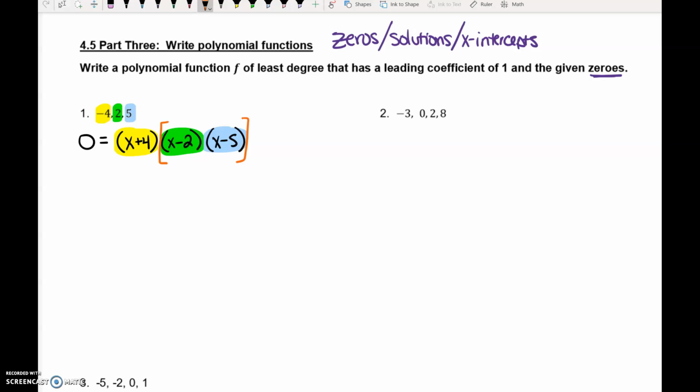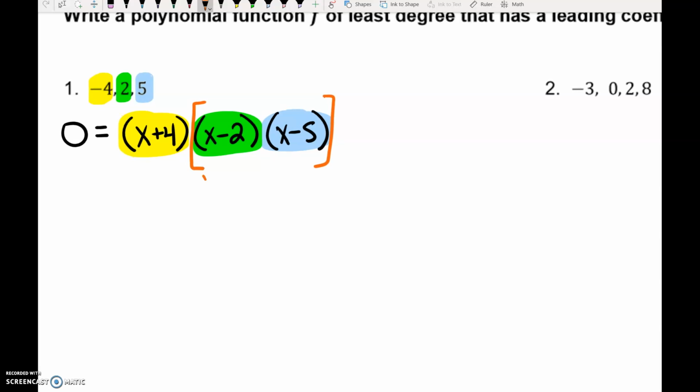So if we multiplied x minus 2 and x minus 5 together, we would get x squared minus 5x minus 2x plus 10. So that's x squared minus 7x plus 10. That's the result of double distributing that.